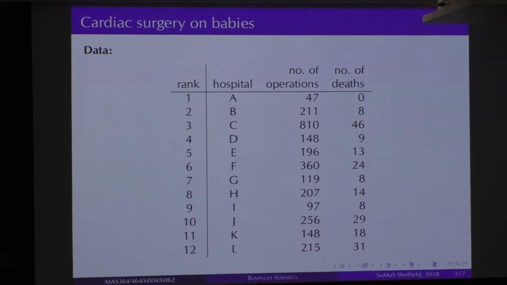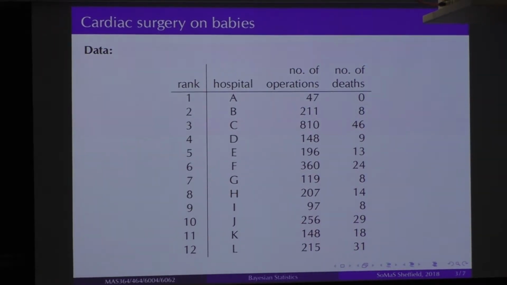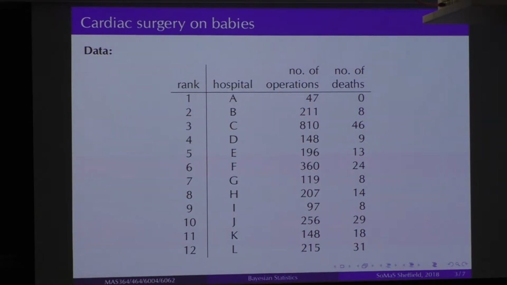So normally, you know that we have league tables for everything. And we have league tables for hospitals. So you will have some information about which hospitals are riskier to have certain operations here, or which are a bit safer. And that's the idea here. We have this information, and one of the managers, I think it's the manager for Hospital I, claims that being ranked 9 in this league table is not fair.